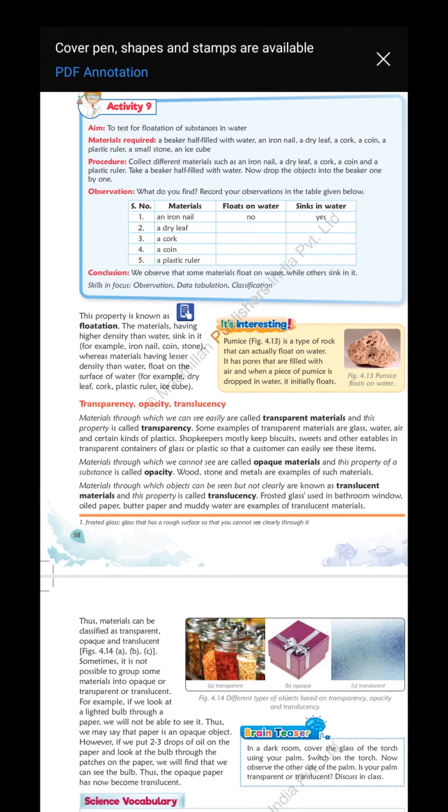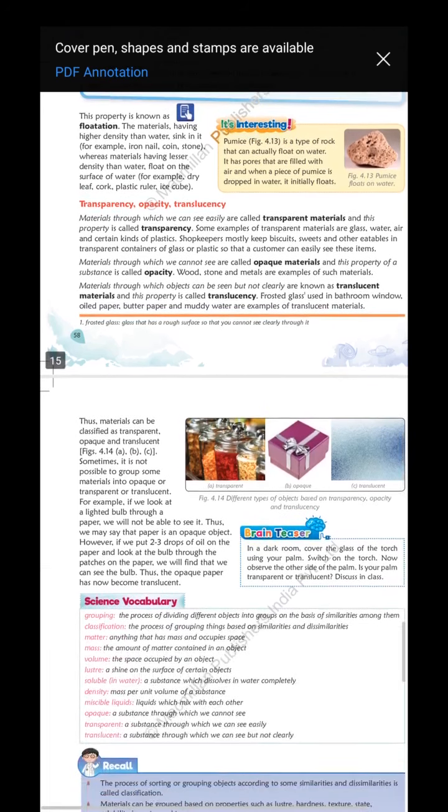So, transparency, opacity and translucency: transparent means the materials through which we can see, for example glass, mirror. Through that we can see outside. Those are transparent. And opaque means we cannot see through it, for example a wooden door. So that is opaque.